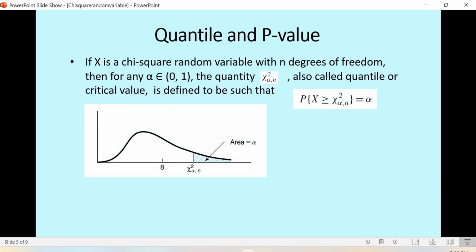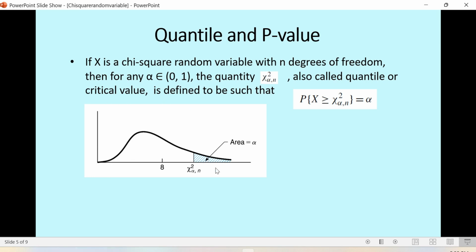When we use the chi-square random variable, similar to other random variables, we calculate between quantile and p-value. The p-value is the probability, and the quantile is another name for the chi-square random variable's value, which we also call the critical value.